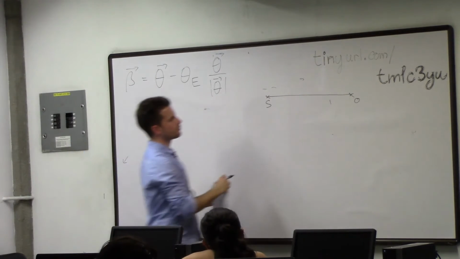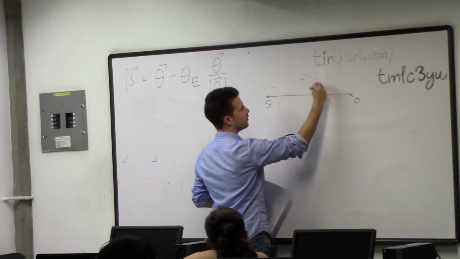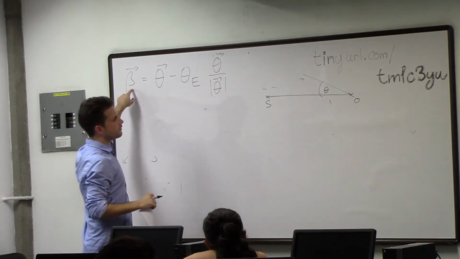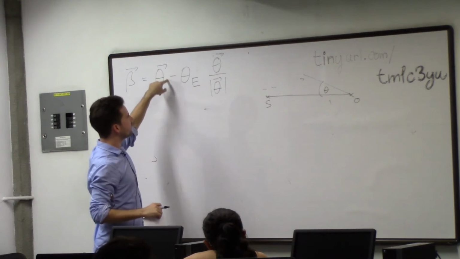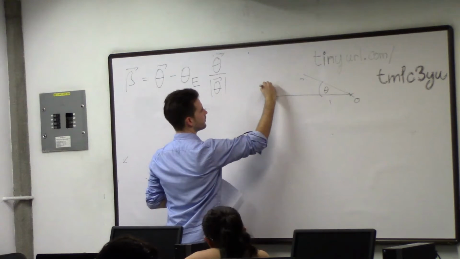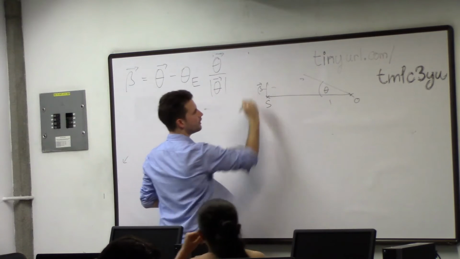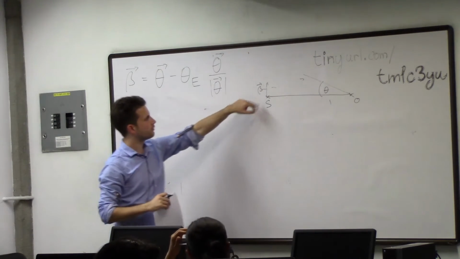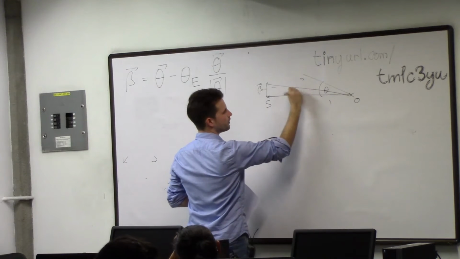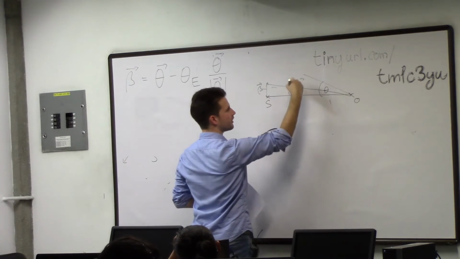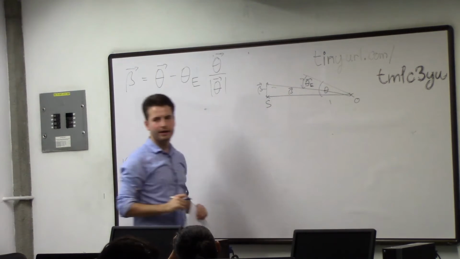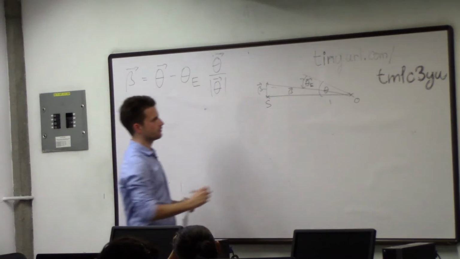If you have some angle theta pointing outwards, the angle beta down here is basically going to be theta minus the angle corresponding to the Einstein radius.